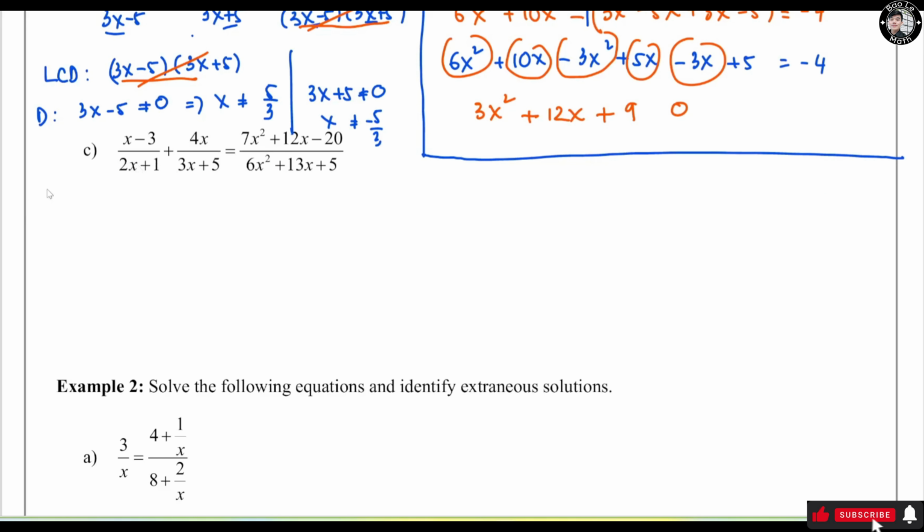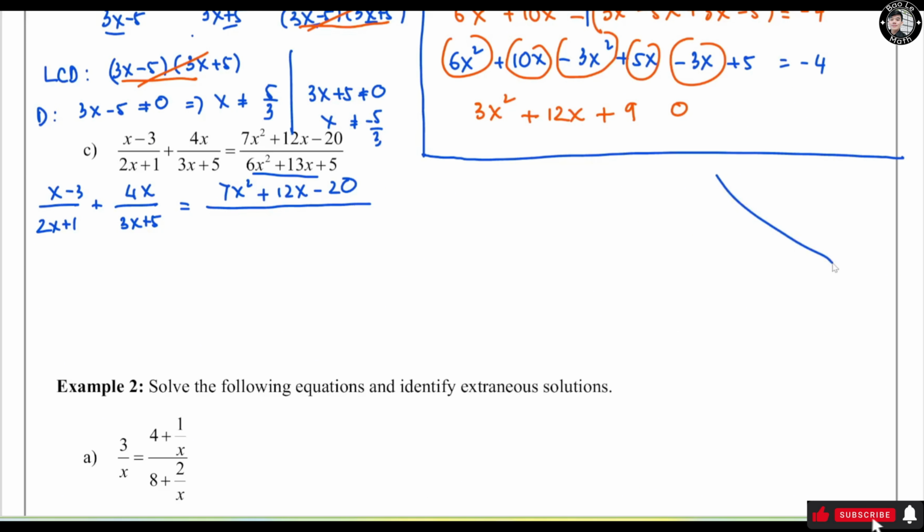Question C. We need to factor the denominator, right? So we have s minus 3 over 2s plus 1, plus 4x over 3x plus 5, equals 7x squared plus 12x minus 20 over. Now we need to find two numbers that multiply to 6 times 5, which is 30, and add up to 13, which are 3 and 10.